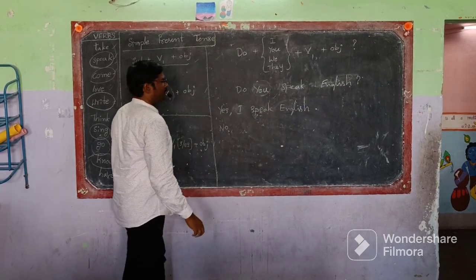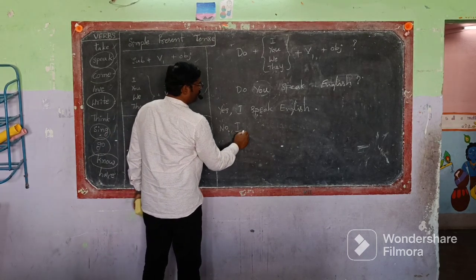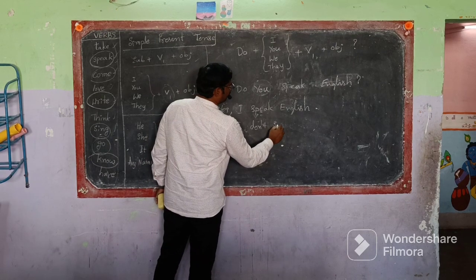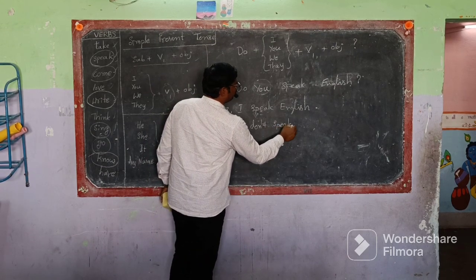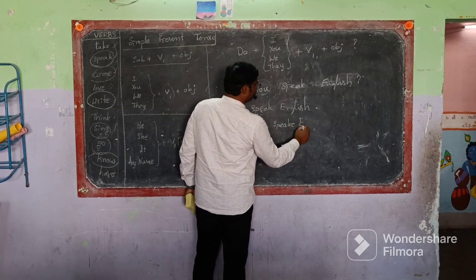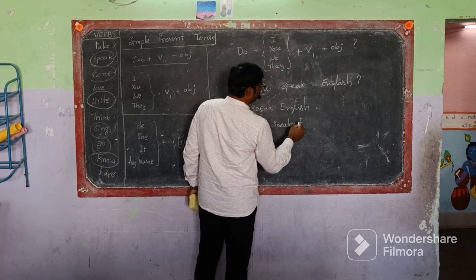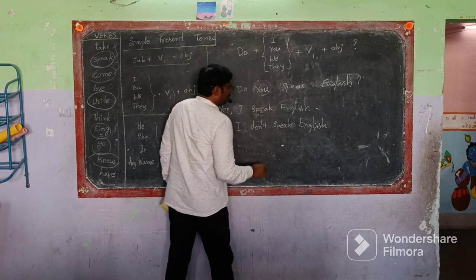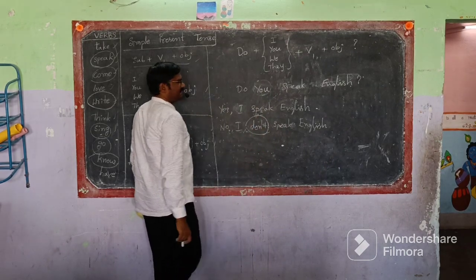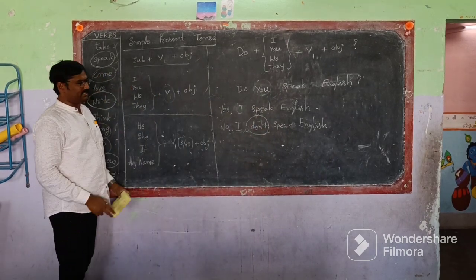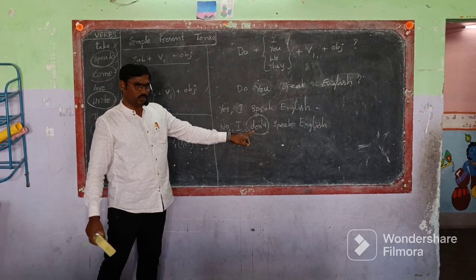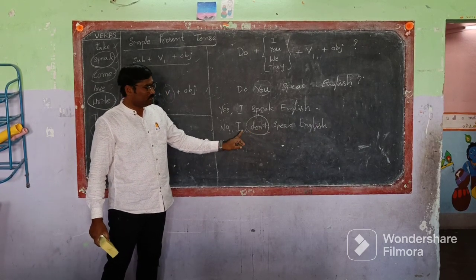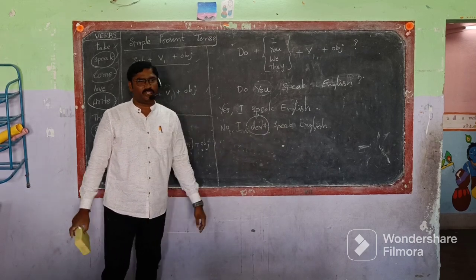No, I don't speak English. See, for forming the negative sentence, we add do not. I don't, or do not. So, I don't speak English.